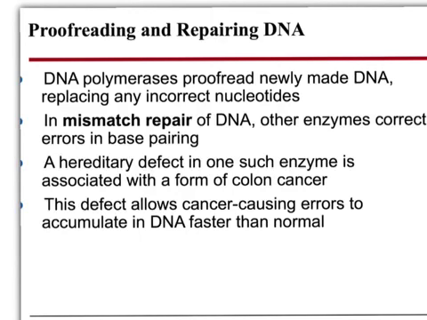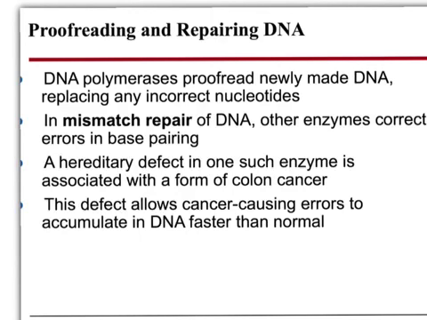So we have what's called proofreading ability, and ways to go back and change the base that's not in the right conformation so it is. As DNA is being produced, or synthesized, it is also being proofread.